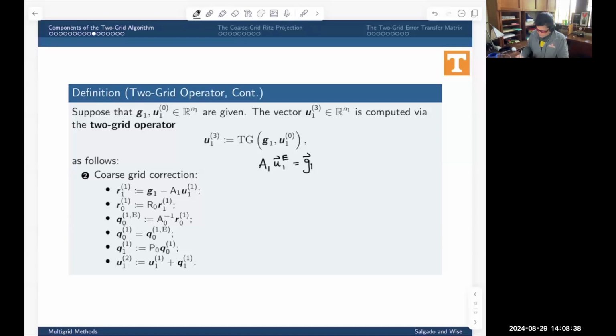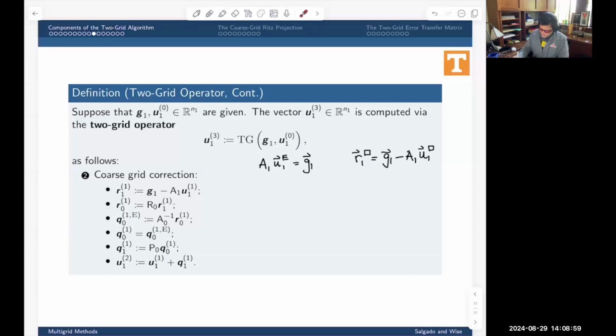What's the residual of it? I can compute it by taking G and subtracting from that A1 times U1 box.